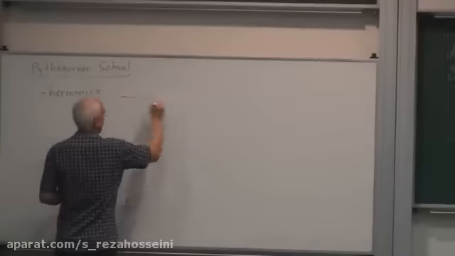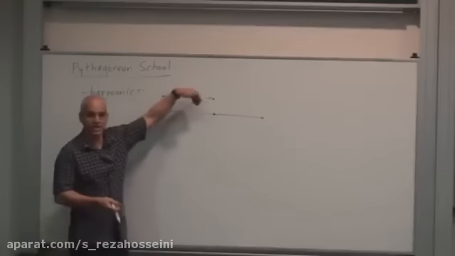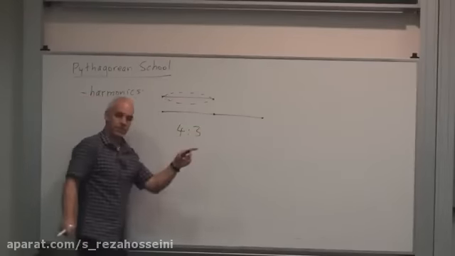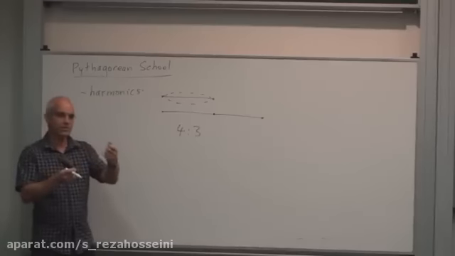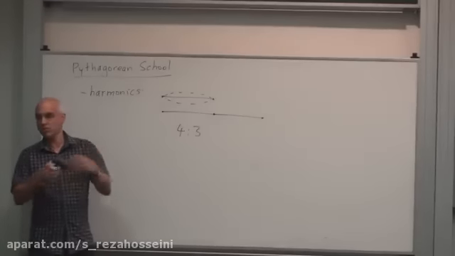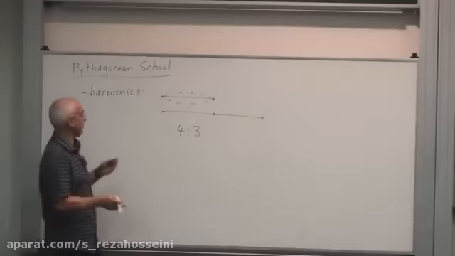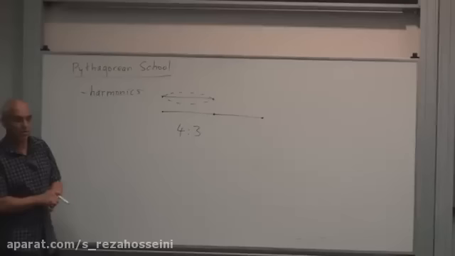They also discovered that a perfect fifth is given by another proportion. I can't remember offhand what it was. A perfect fourth is another proportion. Proportions between whole numbers had direct connection with musical notes. So they had a kind of theory of music based on the ratios of whole numbers.